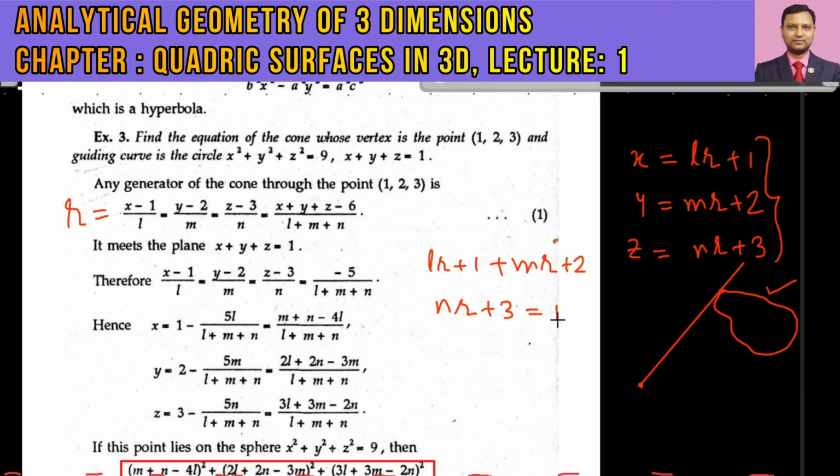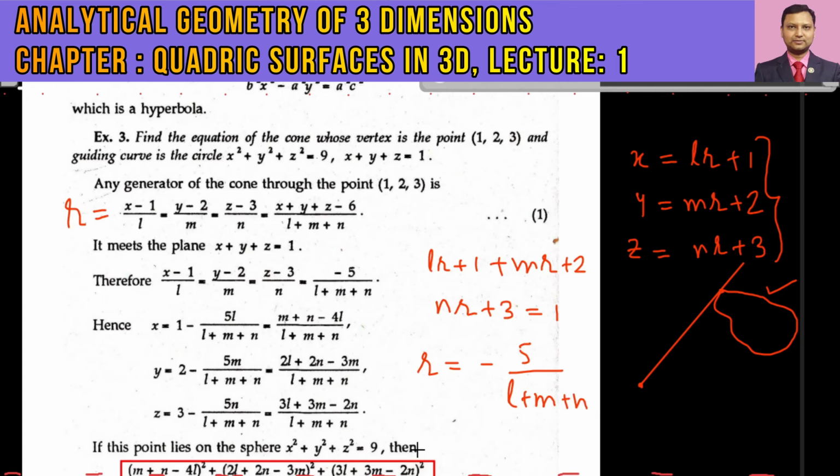This expression must be equal to the right hand side. So from this expression we can compute the expression of r. What would be the expression of r? r would be equal to minus 6 divided by l plus m plus n.